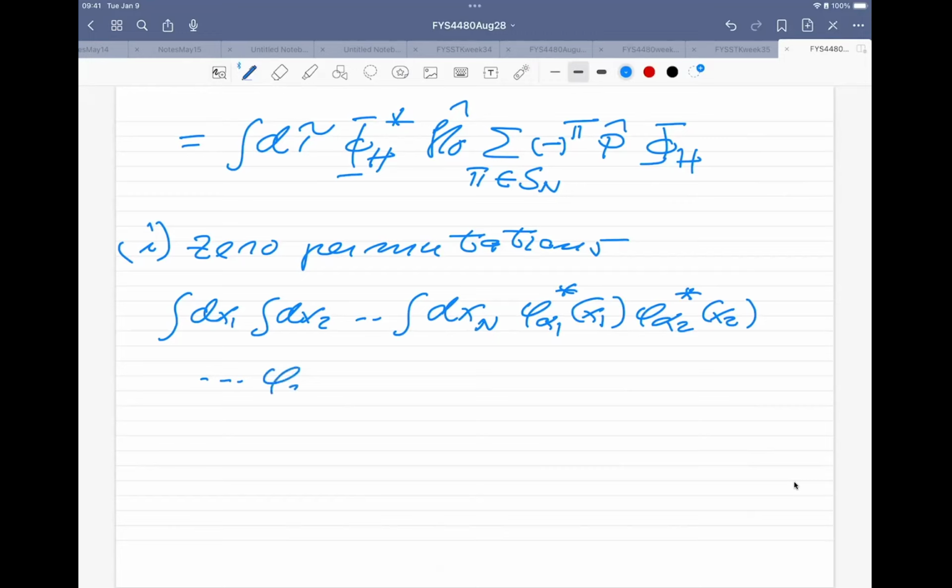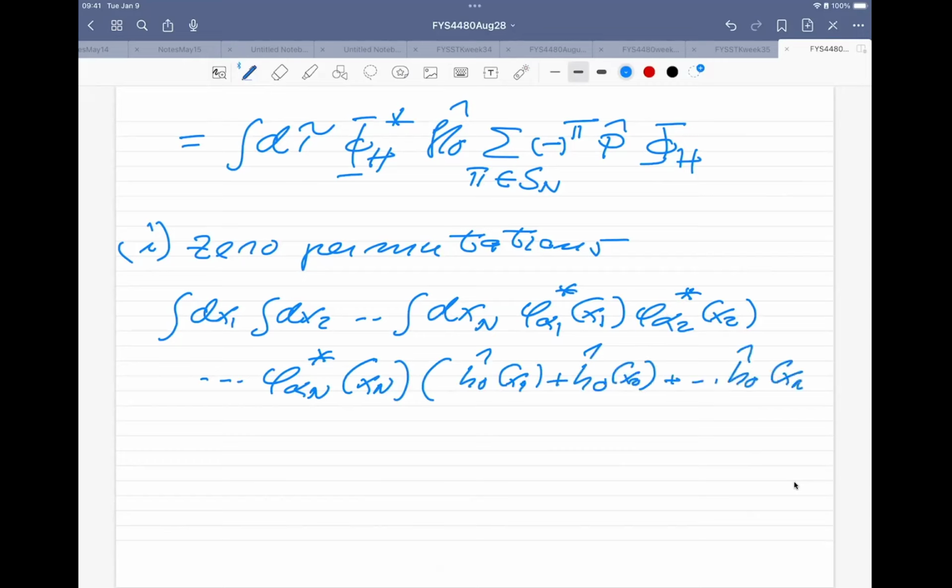But now you will see the benefit of having introduced this operator. And here we're going to have xn. And then there is a sum of h0 of x1 plus h0 of x2, and all the way up to the final one of xn, like that.